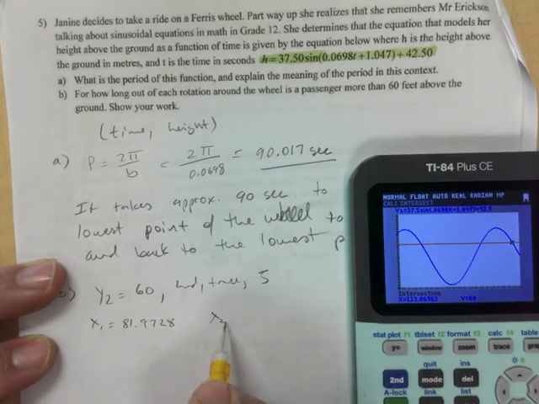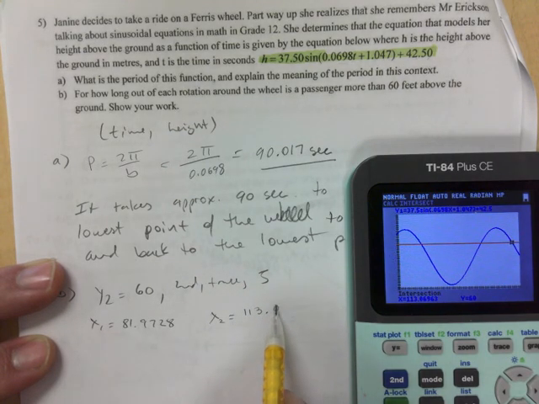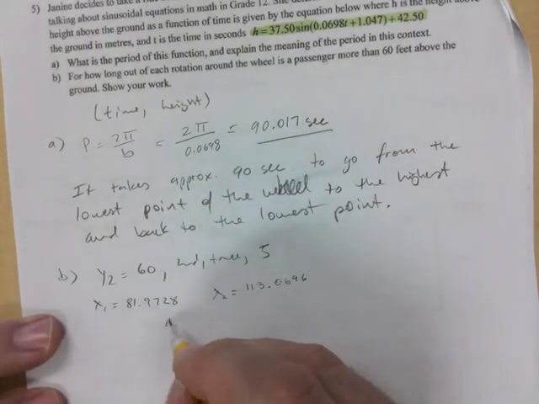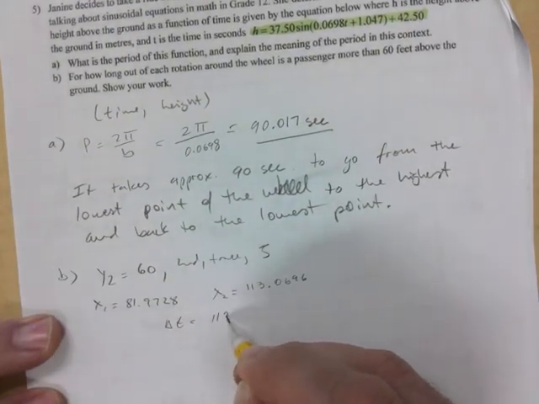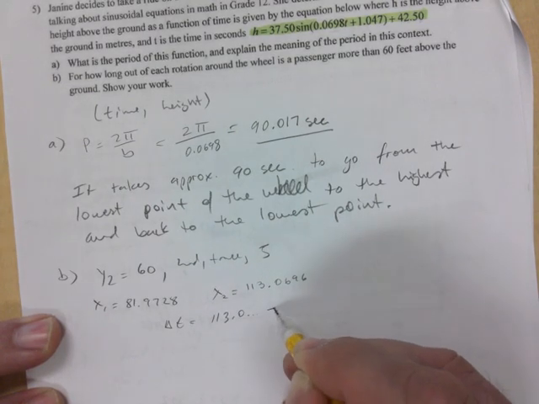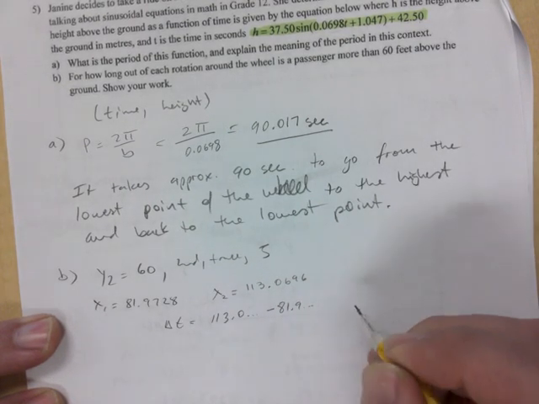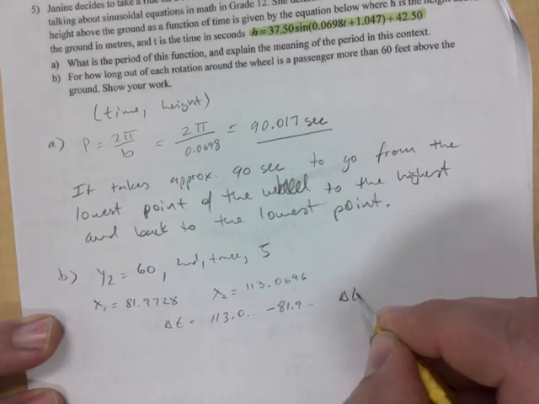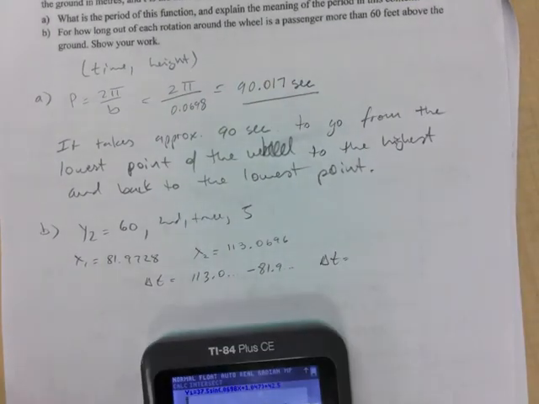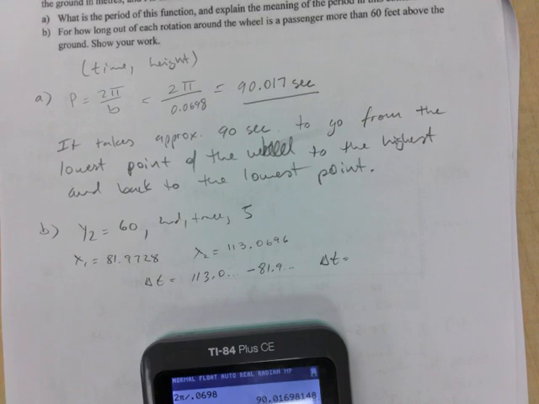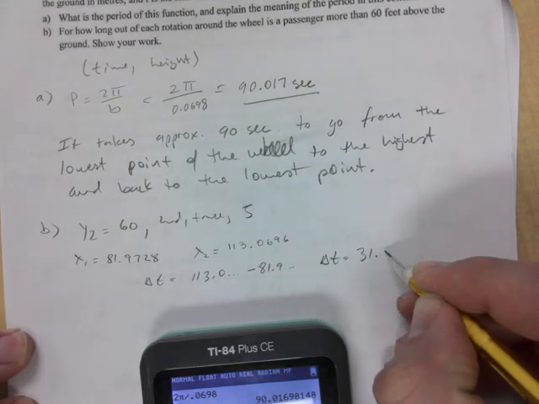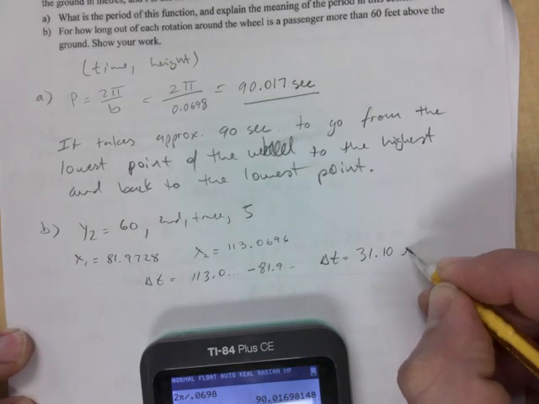That is x2 is 113.0696, right? So the delta time will be 113.0 so forth minus 81.9 and so forth, and delta time will be 31.10 seconds.